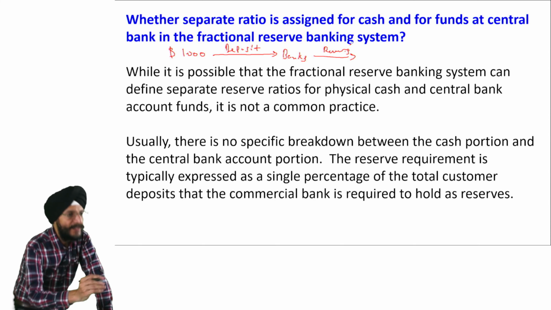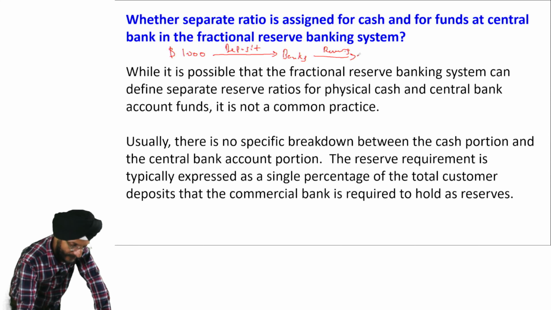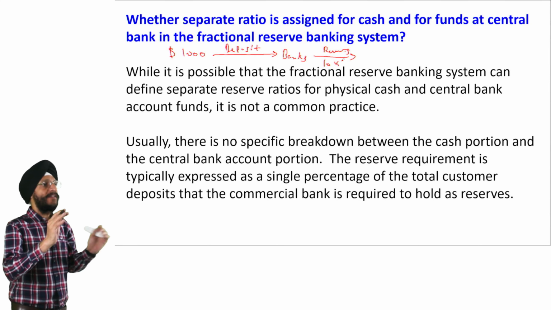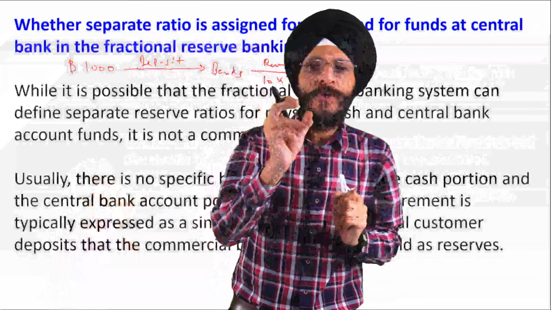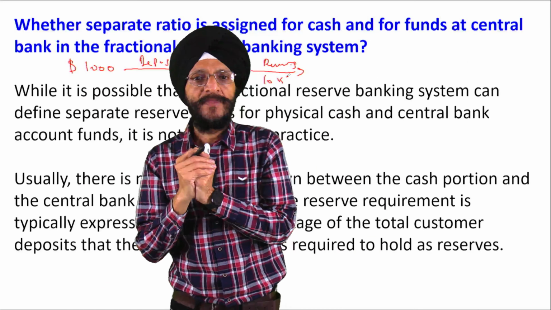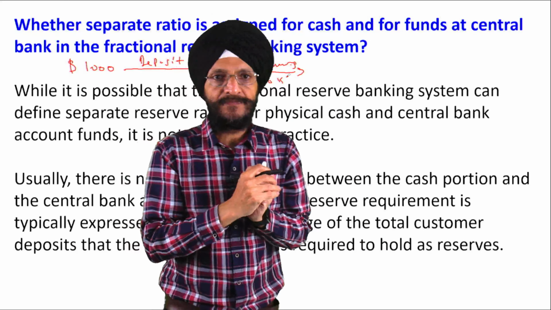In the shape of reserves, they have to keep aside some amount. Suppose the reserve ratio is 10%. We have already learned that this reserve ratio is fixed by the central bank of the country, and each commercial bank has to comply with the same.